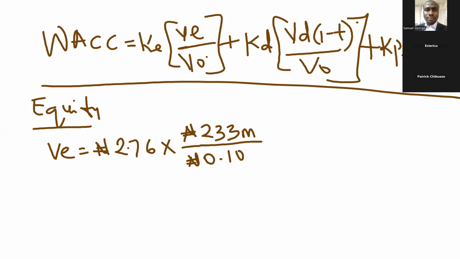You are the one who needs the number of shares because we want to convert the 2 naira 76 kobo into a total. That 2 naira 76 kobo is for one share. So how many shares does this company have? That's the issue here now.